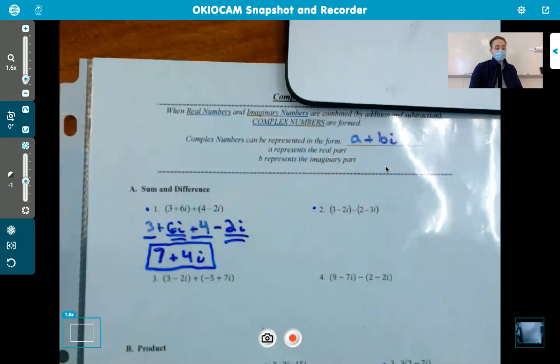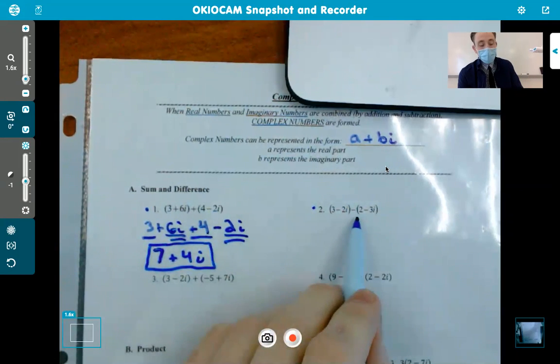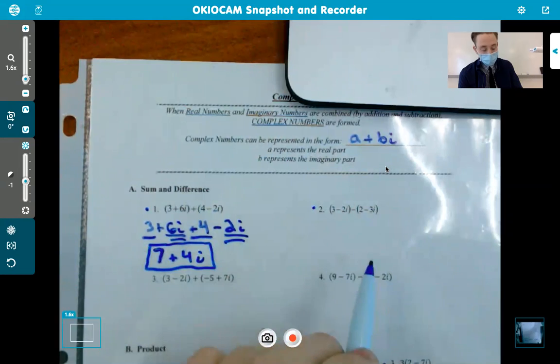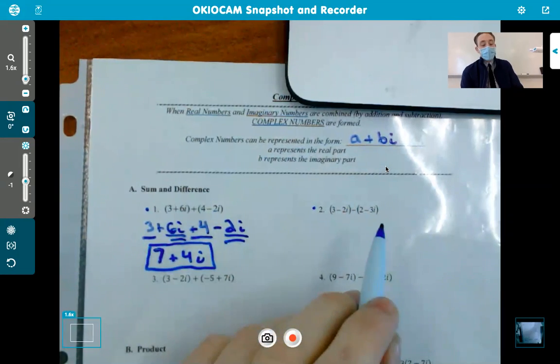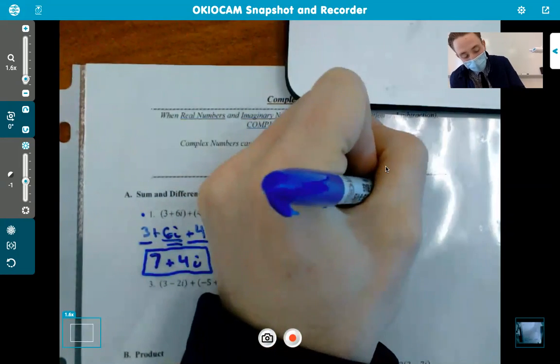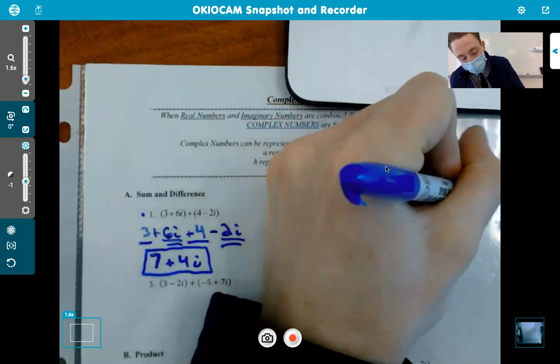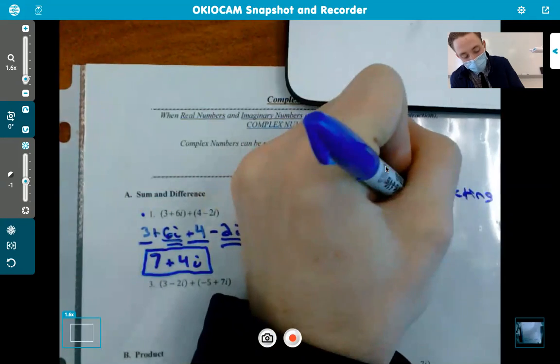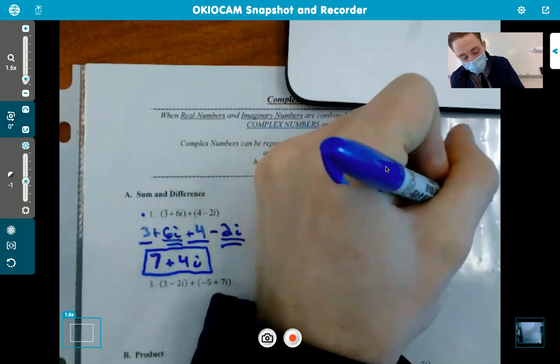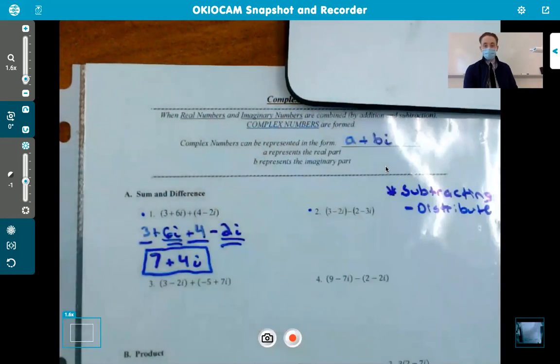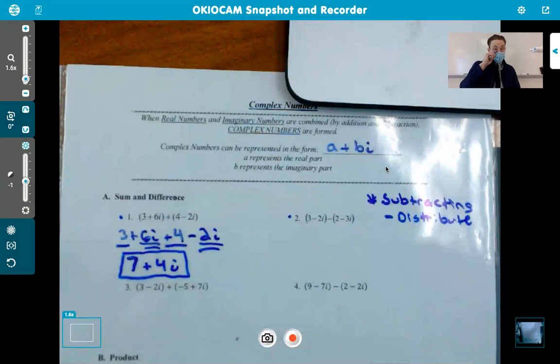The difference when we're subtracting, so you see here number 2, I have 3 minus 2i minus 2 minus 3i, okay? What you might want to note here is that when we are subtracting, we need to distribute, okay? So a little note that you might want to make for yourself is that when we subtract, we distribute.